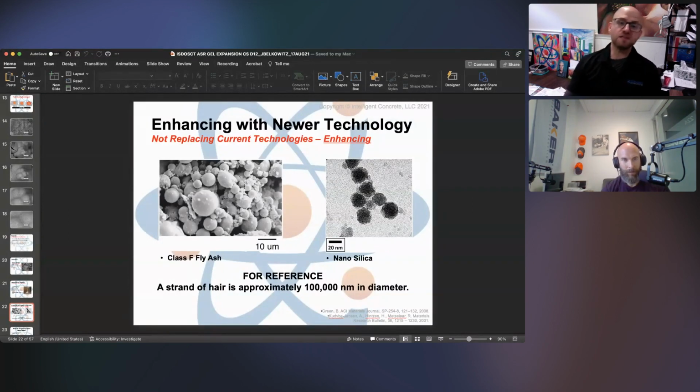We know it has a silica content for pozzolanic reaction. We know it has a ball bearing effect. It was once used as the poor man's water reducer, all this jazz, and it's very small. Under the microscope, this one on the left shows Class F fly ash. Granted, this was from the 80s. It doesn't look like this anymore, but this was the ball-bearing, pozzolanic-inducing material that we used in concrete.